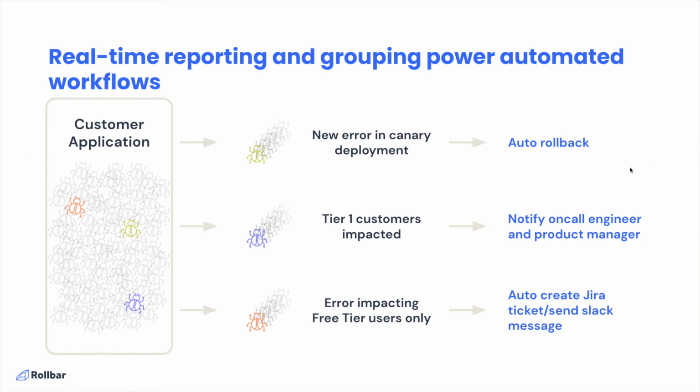Okay, so up first, just a quick glimpse into how grouping helps with the process here. Rollbar has invested a lot of time into our automation-grade grouping engine, and that is a machine learning-powered intelligence engine that's going to take all of the different events that are sent to Rollbar and categorize them by root cause.